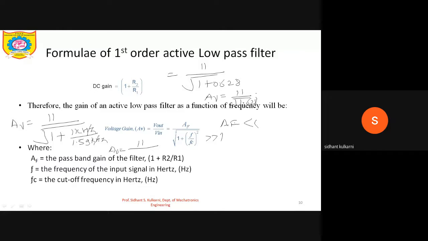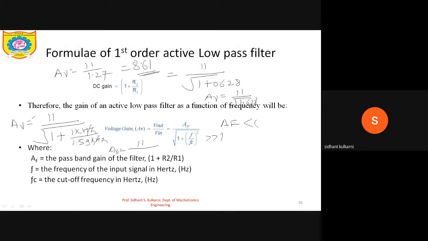Square root of 1.628 is 1.27. So your gain with feedback is 11 divided by 1.27, and the answer will be 8.61. If anyone has a doubt, please ask.